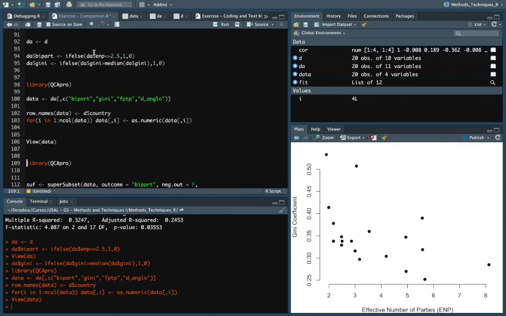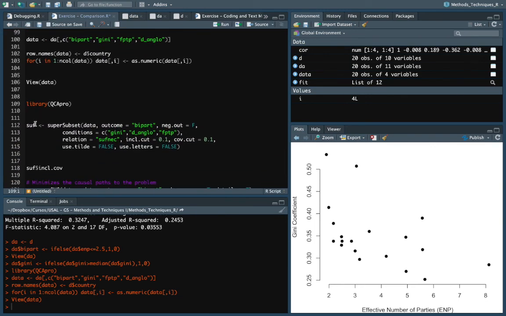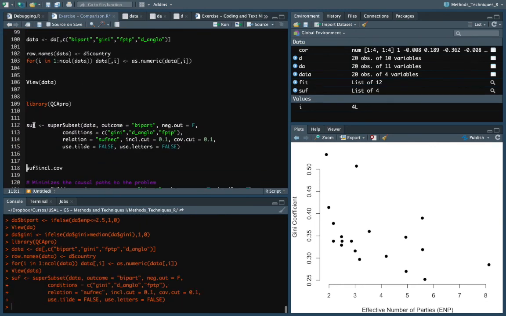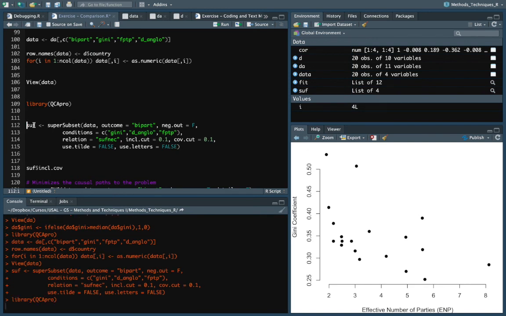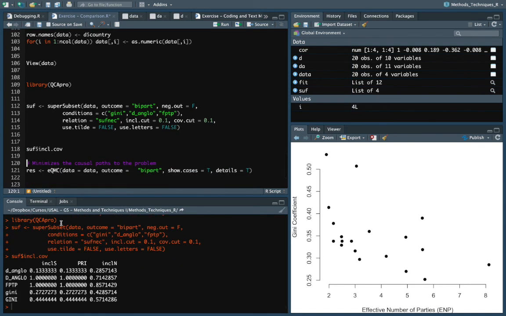We can check this using some algorithms from QCA, and it gives us the proportion of cases. All cases that are Anglo-Saxon and first past the post are included in bipartisan.